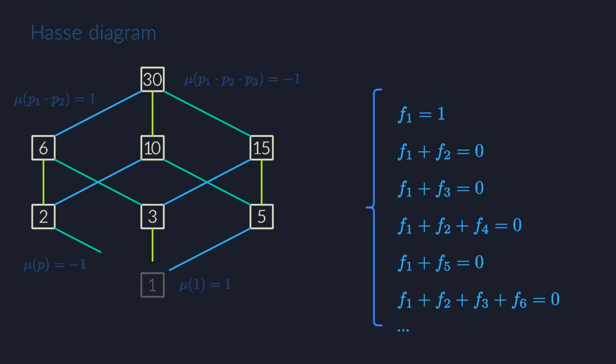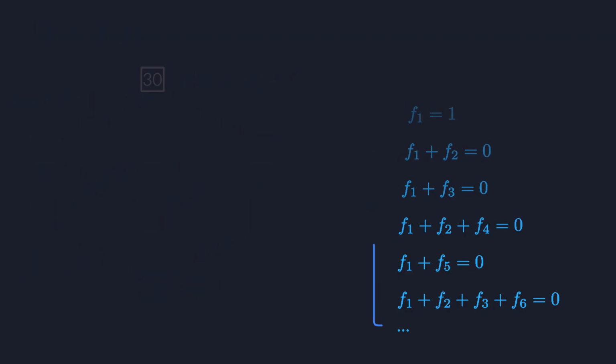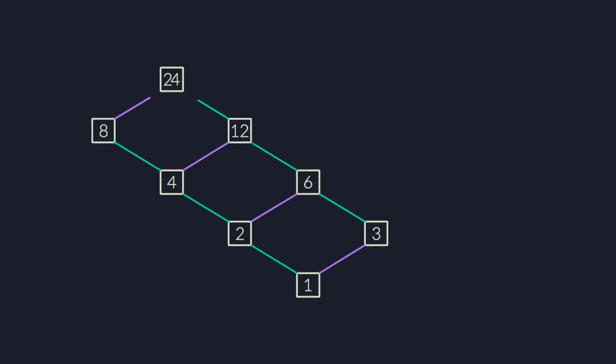There is just one more case we have to consider. For a number like 24, we get repeated prime factors. After reaching this point in the diagram, the total mu value over all the divisors is already 0, and we want to keep it at 0.